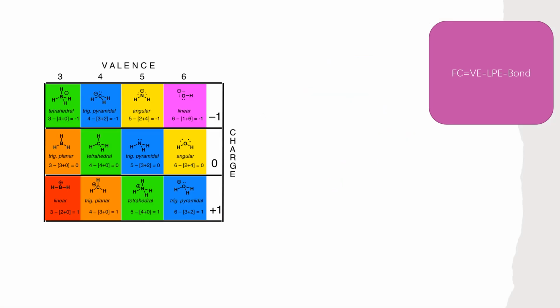So we focus on number 5 over here, NH2. Okay, so it has 4 lone pair electrons. Now don't worry about the hydrogen, it's always 0 formal charge.